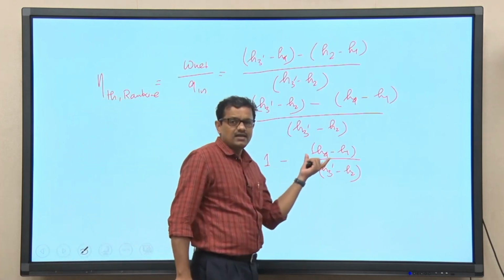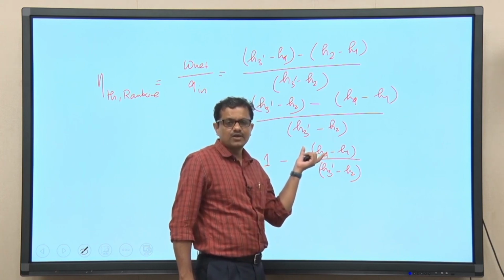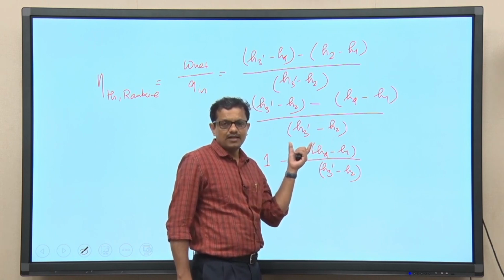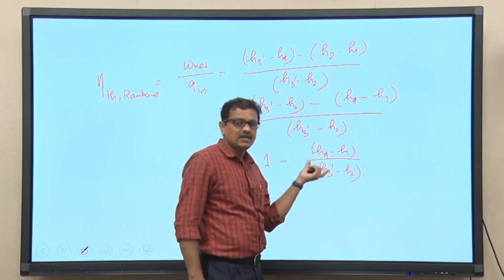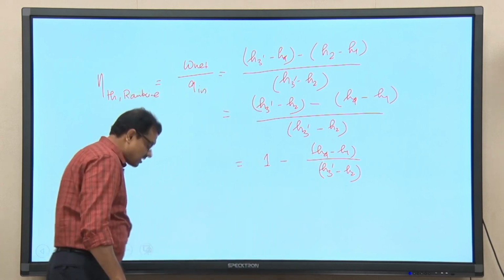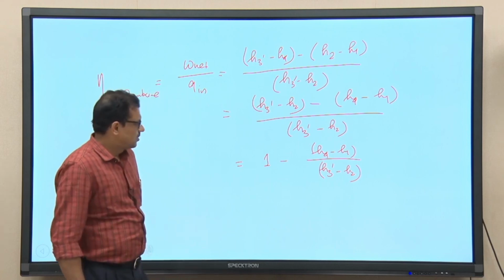This quantity again can be compared with the efficiency that we have following the Carnot vapor cycle, and if we compare, we will find that the efficiency of the ideal simple Rankine cycle is less than the efficiency of the ideal Carnot cycle.